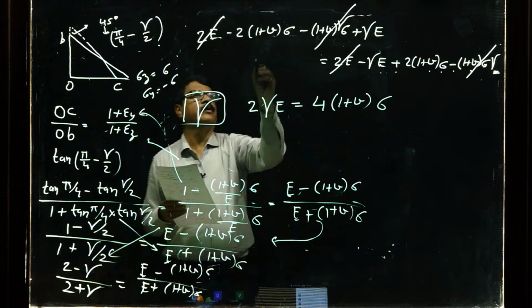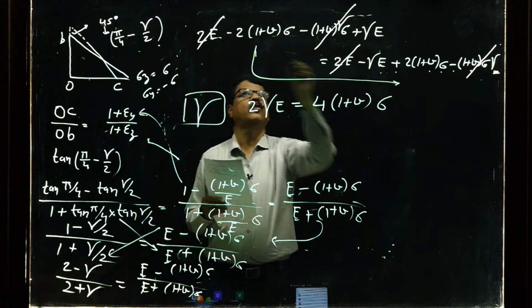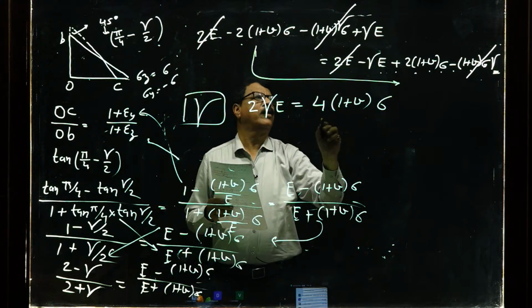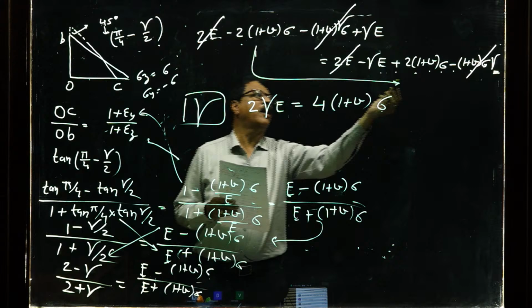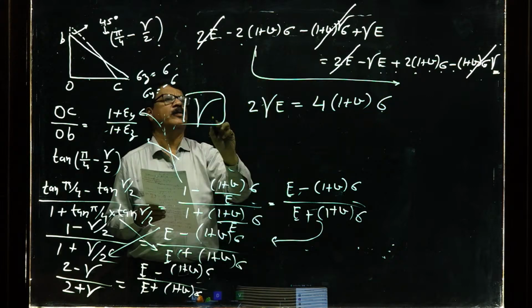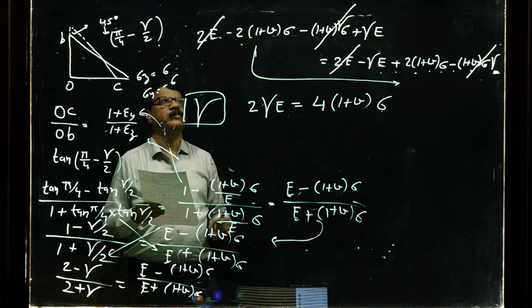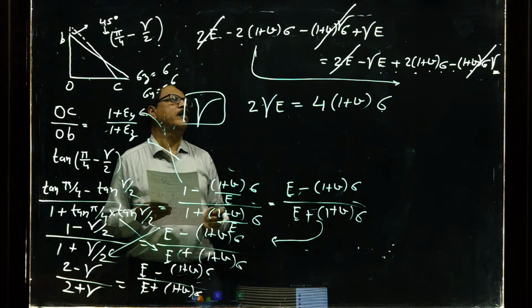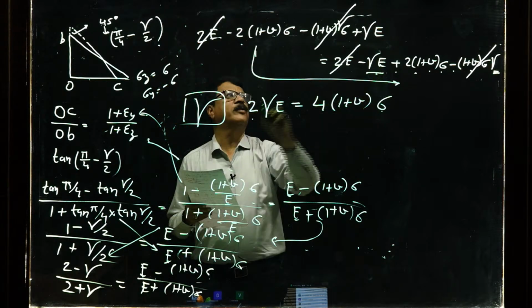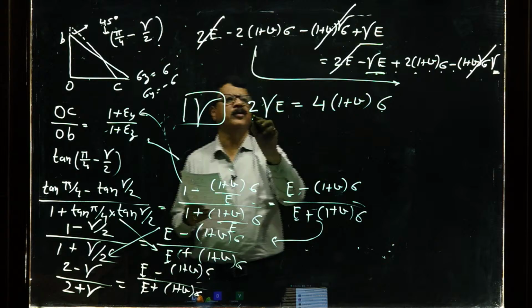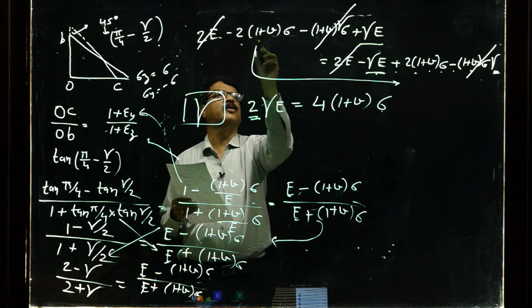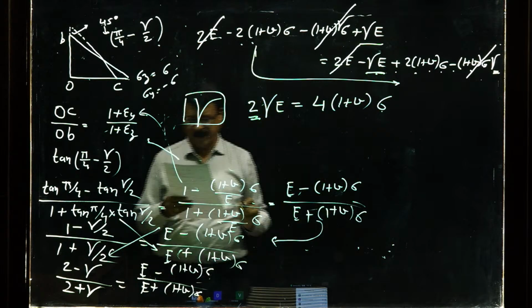I send this here, so 2 plus 2 is 4, and that I take here. So this one becomes positive if it comes. So this one and this one becomes 2, and these 2 and these 2 becomes 4.